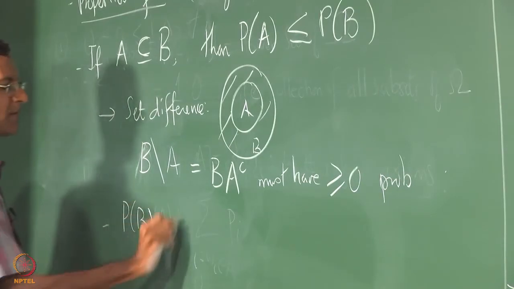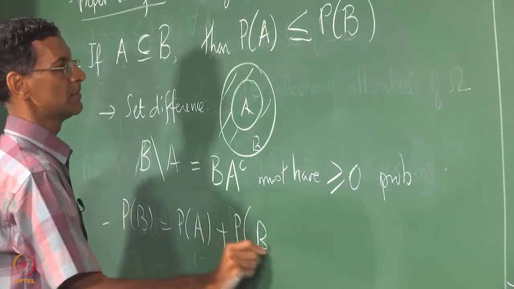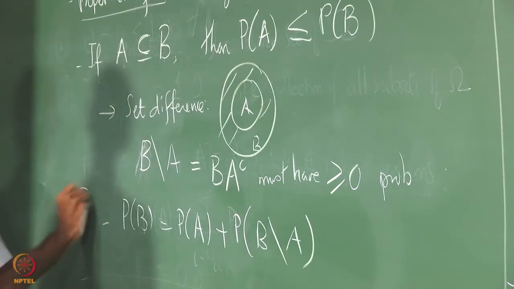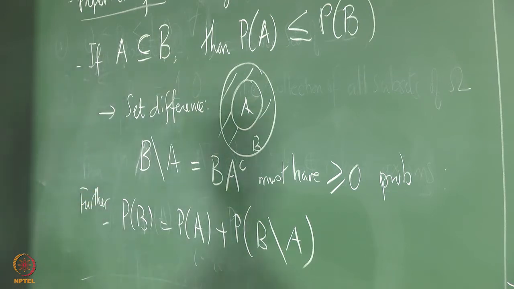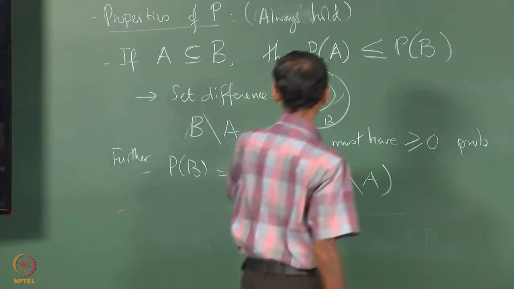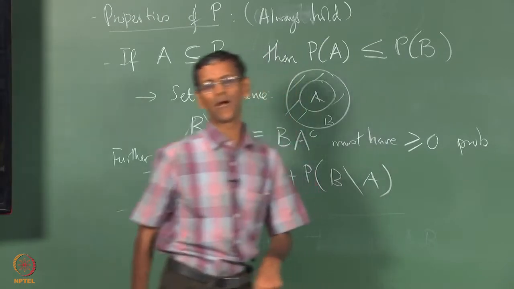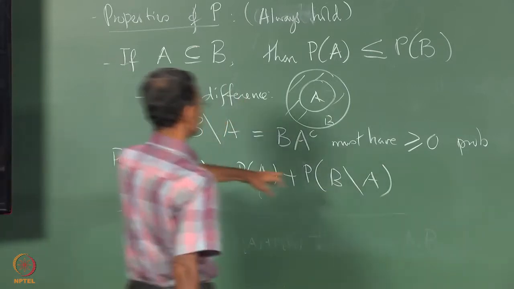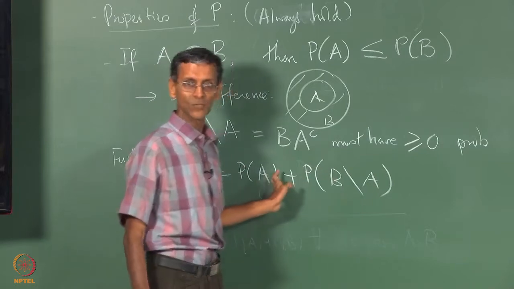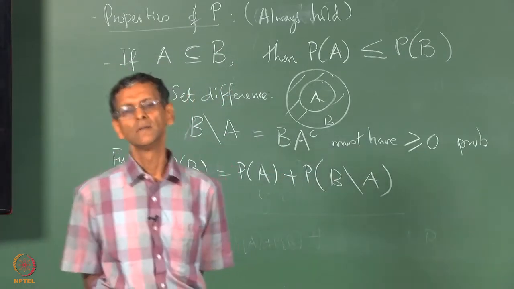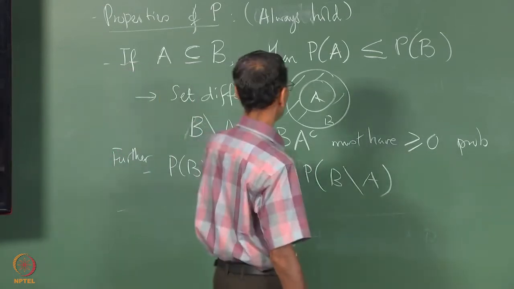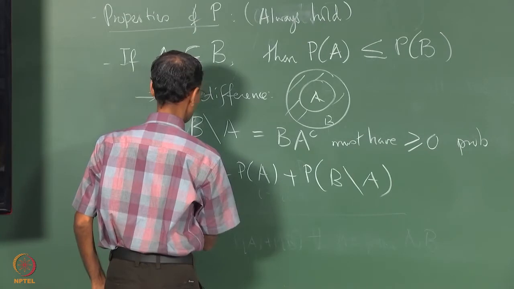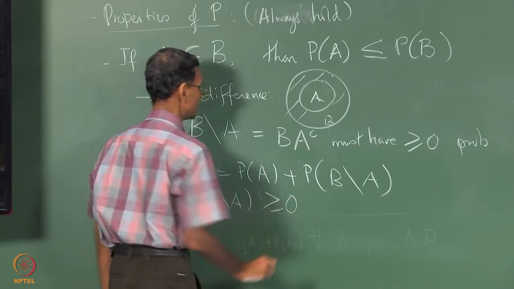P of B is also P of A plus P of B difference A. Again this follows because A and B difference A are exclusive, so additivity has to hold and be equal to P of B, because the union of A and B intersection A complement is B. So therefore P of B difference A must be greater than or equal to 0.